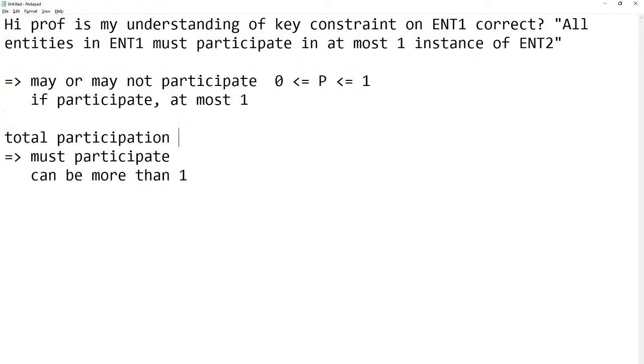For total participation, the number of participation is greater than or equal to 1. If you combine, you must satisfy both, which means that it can be P equals 1. It must participate, and it must participate exactly once. Covering and overlap.